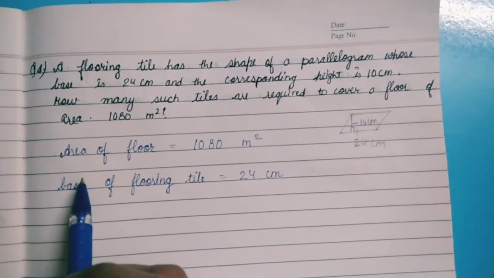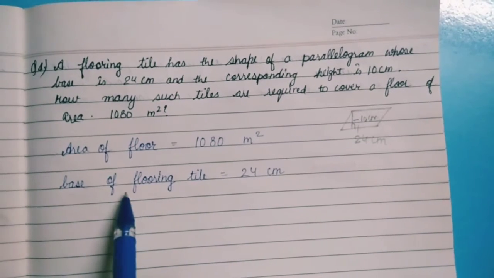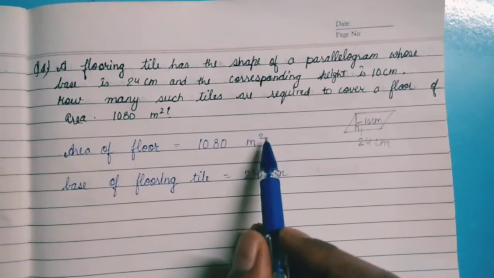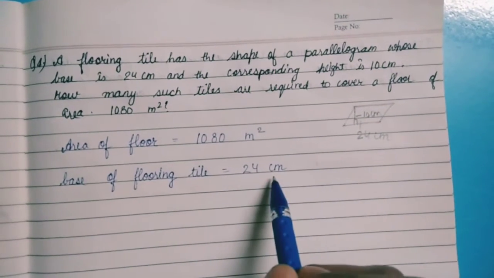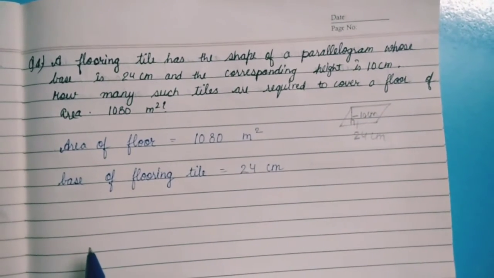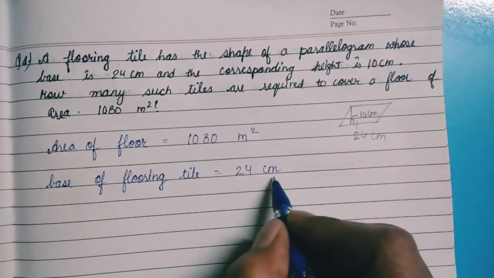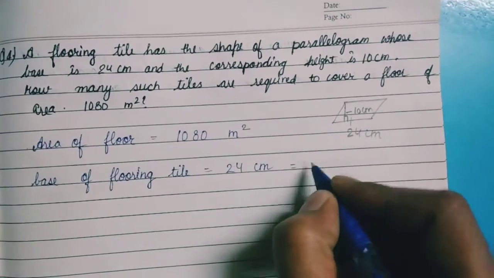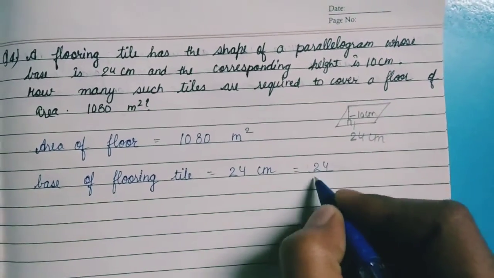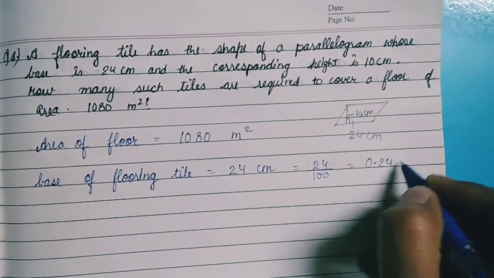Here we have the area in which we have to paste the tiles in meter square, but the measurements of tile are given in centimeter. So firstly we will convert this measurement of centimeter into meter. For that we will divide 24 by 100 and we will get 0.24 meter.